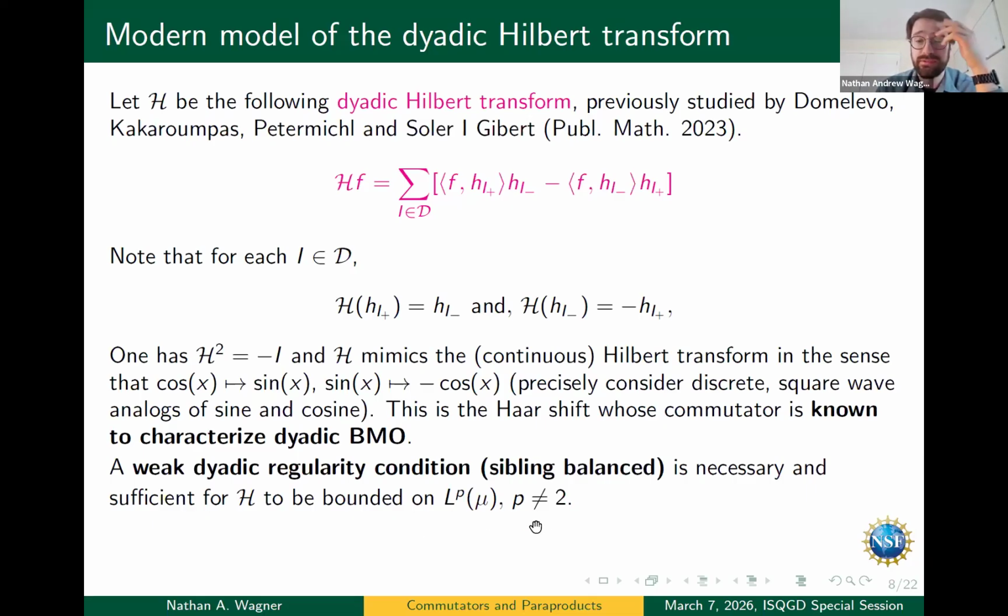So p equals 2 you get for free. If you don't have the dyadic doubling of the measure mu, you need to impose this weak regularity condition. And we call this regularity condition sibling balanced. It's a somewhat technical condition to write down, so I'm not going to do that, but I just wanted to highlight that.